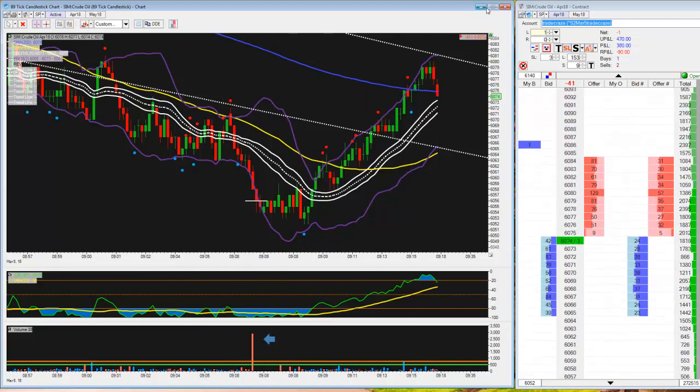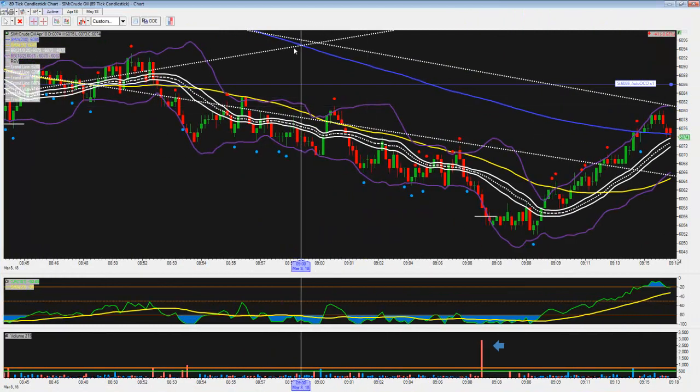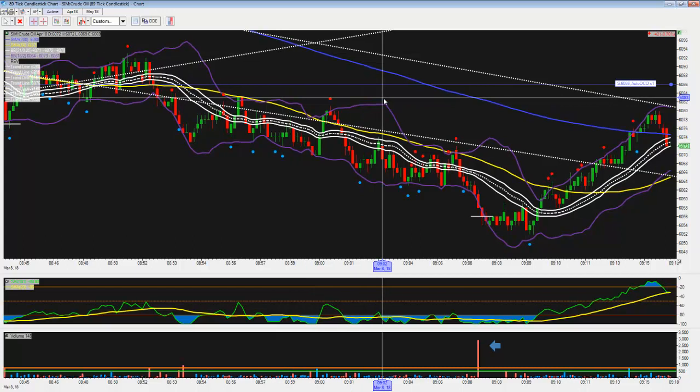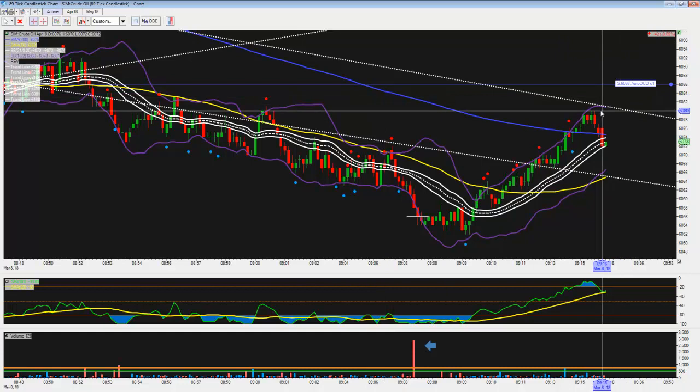Just like a child. Alright, went to 60.80 plus 5 ticks is 60.85.